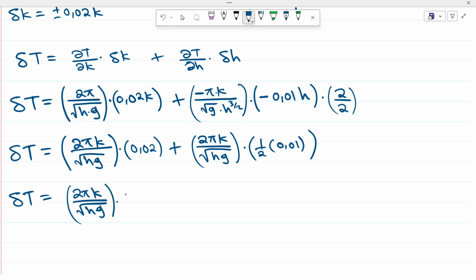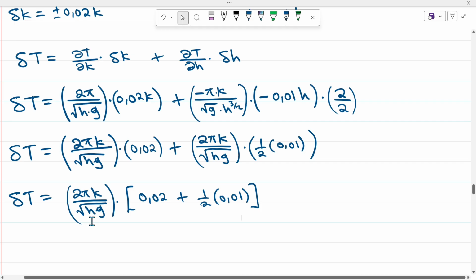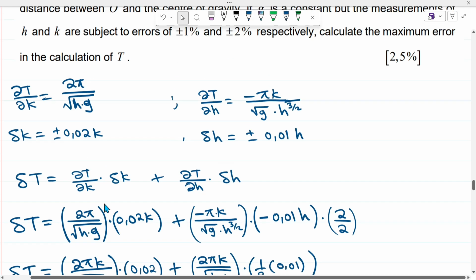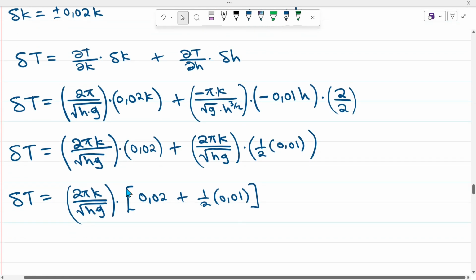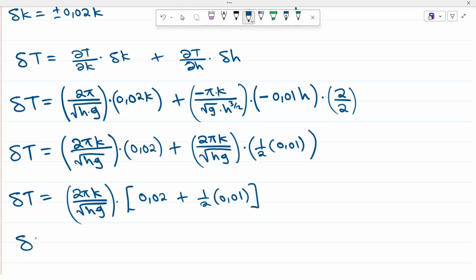So we're taking it as a common factor, we'll be left with just 0,02 plus what? Plus 1 over 2 into 0,01. And then we know that 2 pi k divided by root of hg is equivalent to t, the period. So we can substitute the period there. So maximum percentage change in t is equivalent to t multiplied by what?